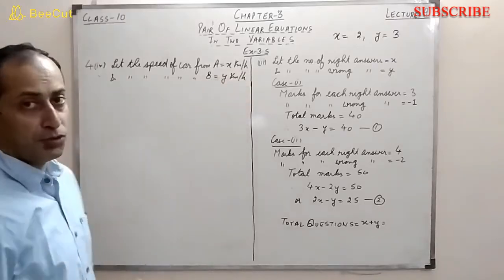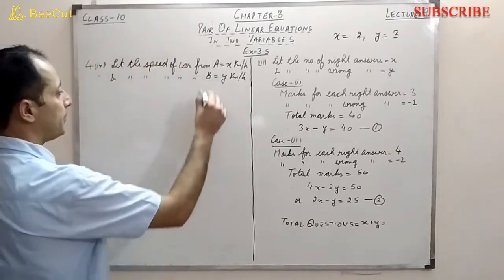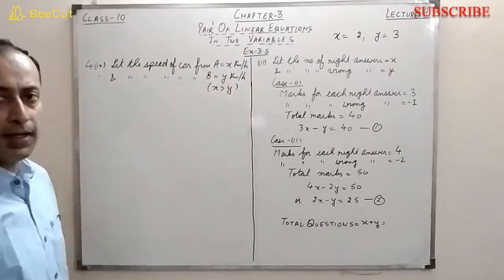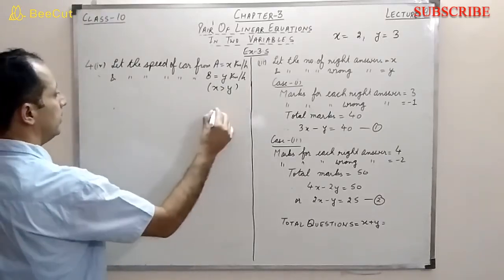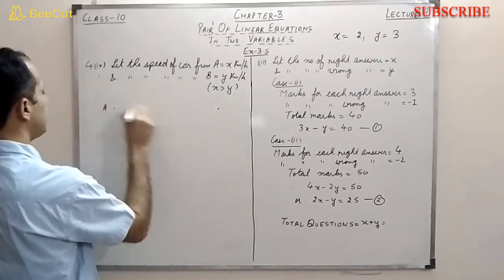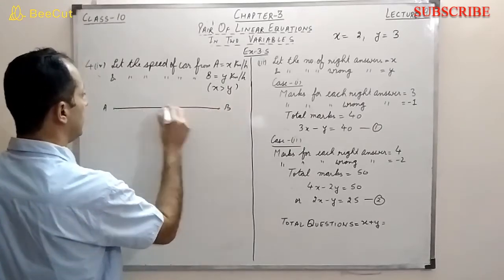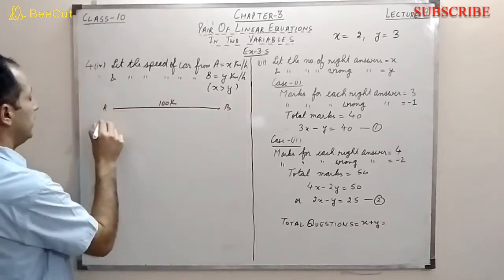Again, we will have to choose which is greater, so we suppose x is greater than y, right? Now it is given that there are two places A and B, and the distance between them is 100 kilometers.